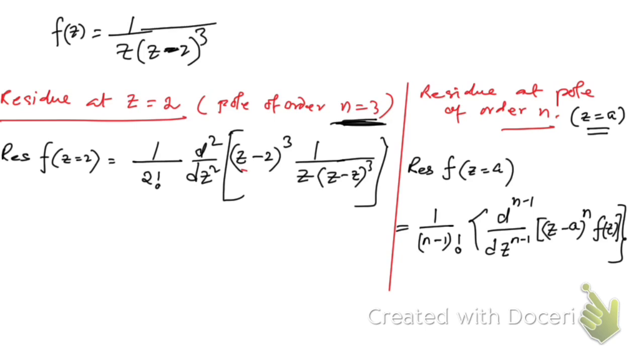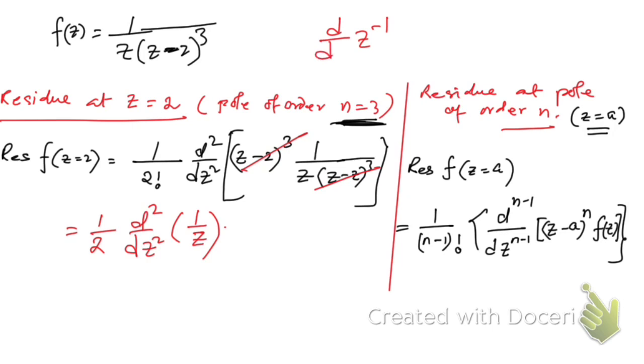So here you see this (z minus 2) cube cancels, so we have 2 factorial means 2, and the second order derivative with respect to z of 1 by z, right? Now 1 by z means we can say z to the power minus 1.